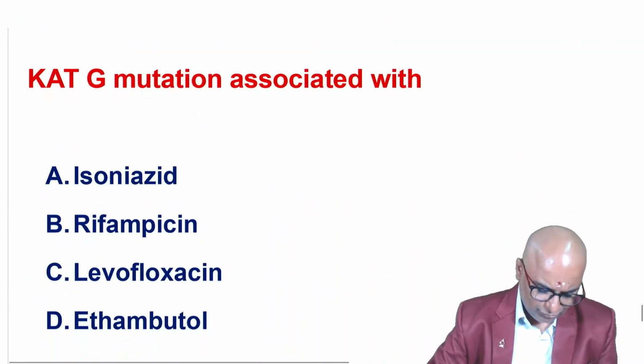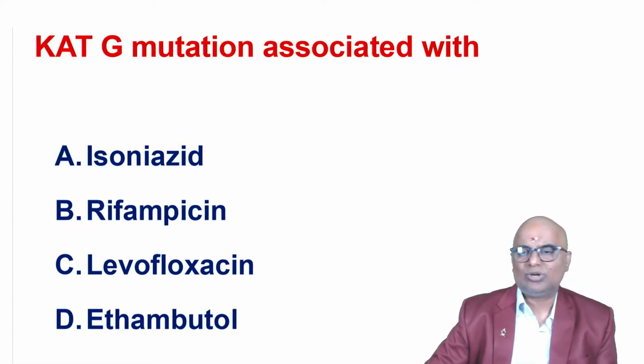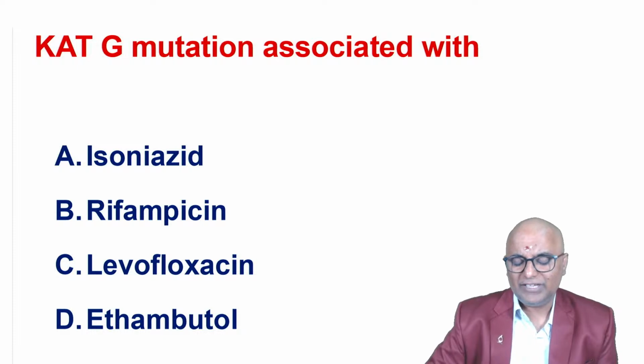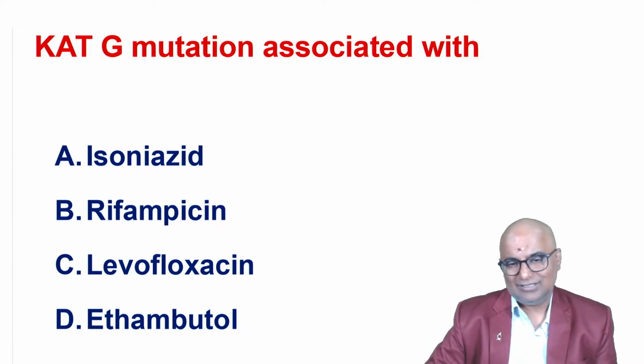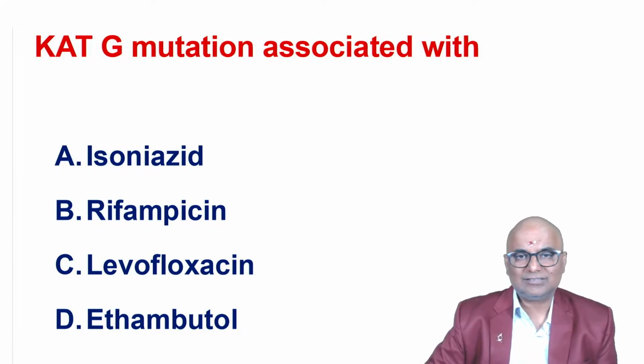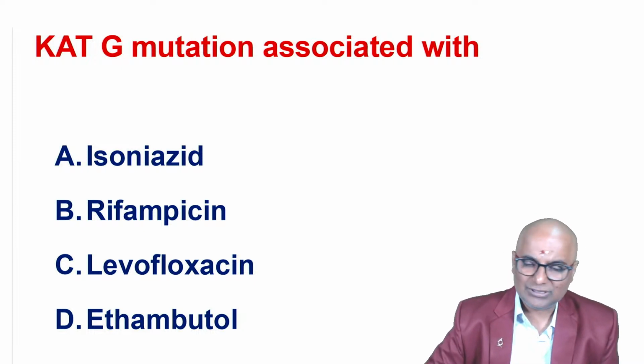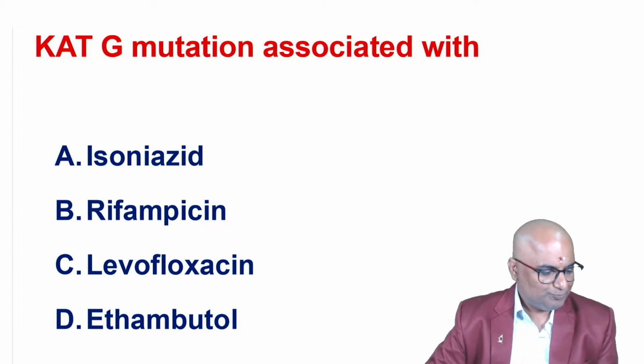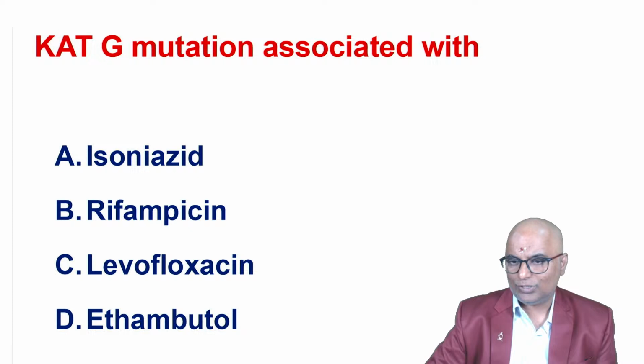KatG mutation associated with. This I have taught in HIV TB. The two are very important. You need to know A to Z. So 9 faculties, 9 specialties, experts. We discussed about HIV and TB together. When I was discussing that, I put the slide. What is the mutation?